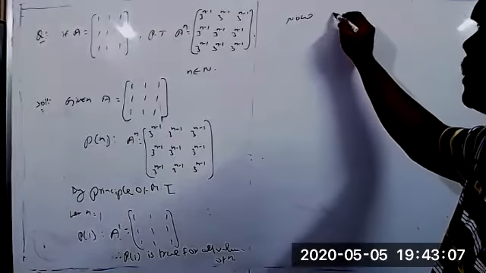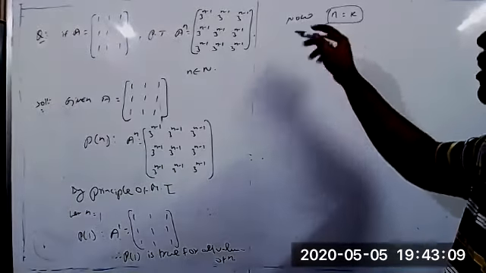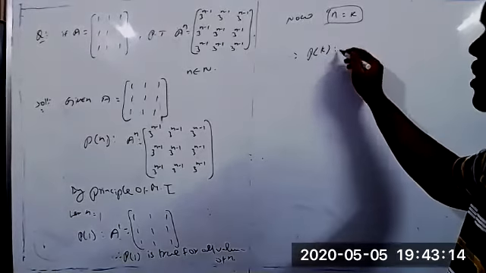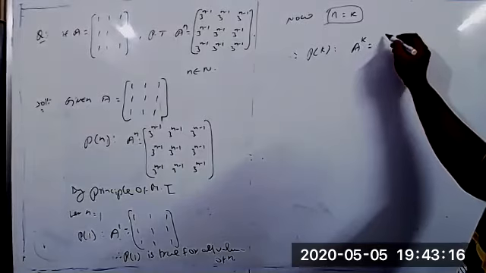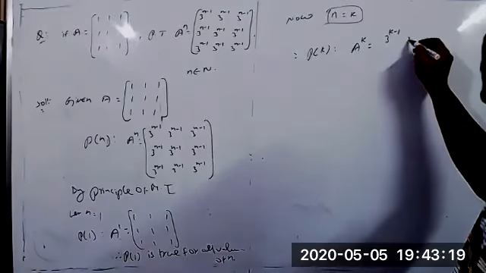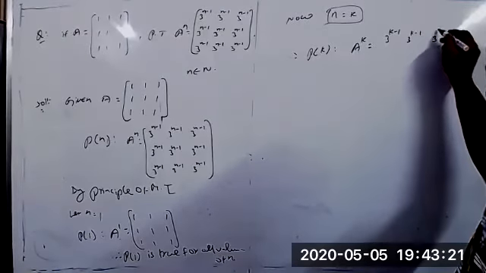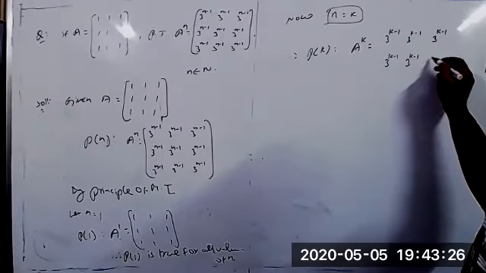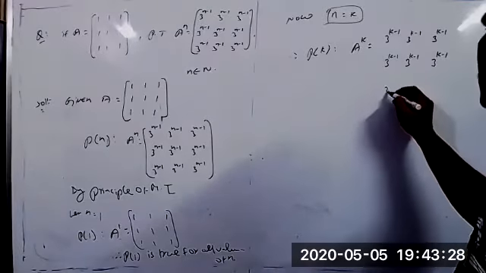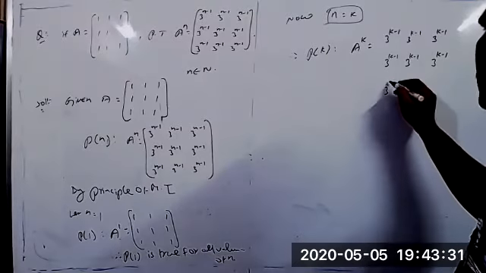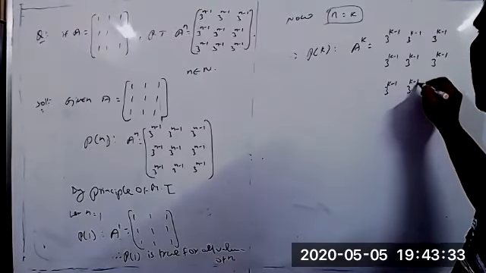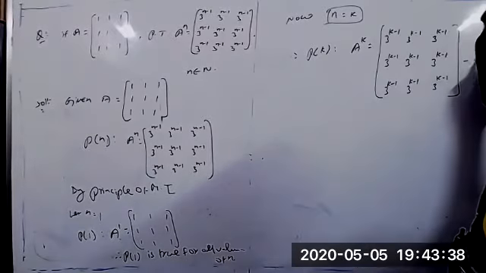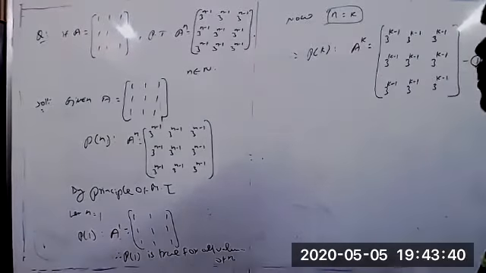So it is P of K such that A power K equals the matrix with every element 3 power K minus 1. This we can take here as the first equation.